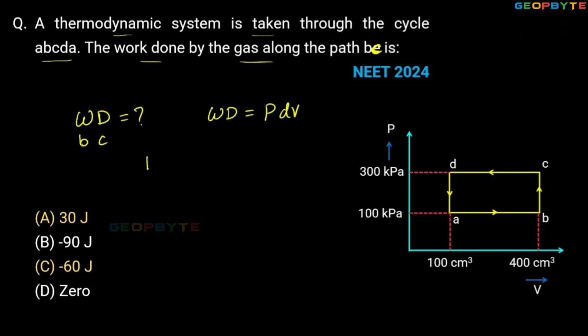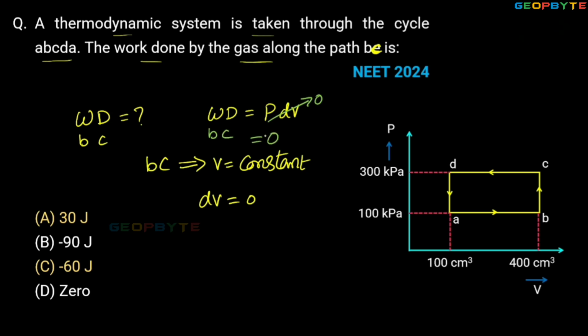But look at the BC process. For the BC process, volume remains constant. Since volume remains constant for BC, the change in volume dV equals 0. If dV equals 0 for the path BC, work done equals 0 for path BC. So option D is absolutely correct.